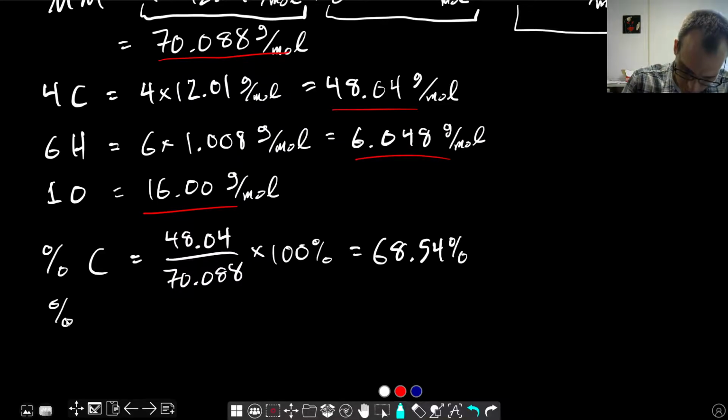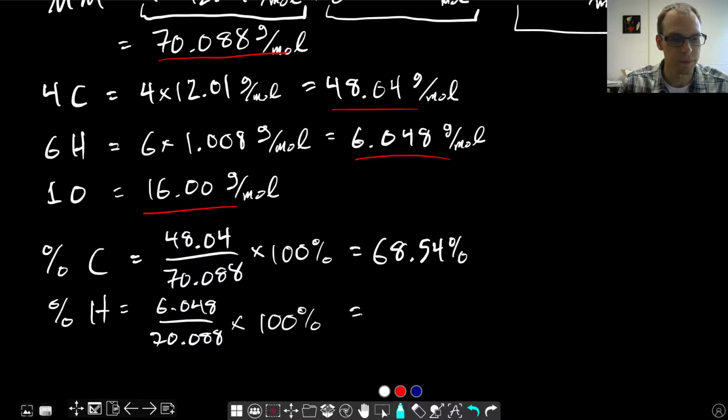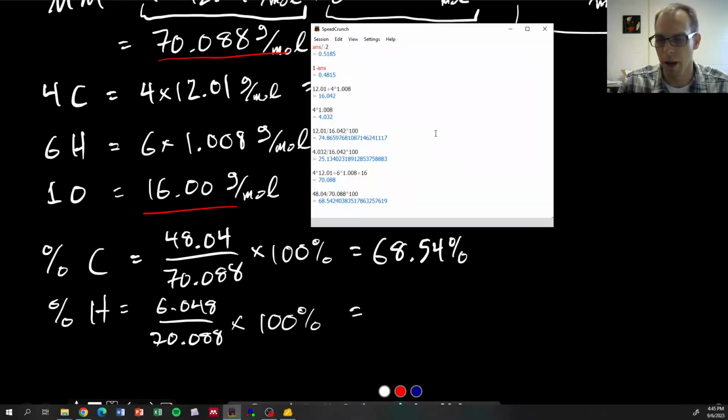Our percent of hydrogen is equal to our 6.048 divided by the 70.088 times 100%. And here we need to calculate each of them because we can't just subtract from 100, but it's good to do this anyway to make sure you didn't mess up any of your calculations.